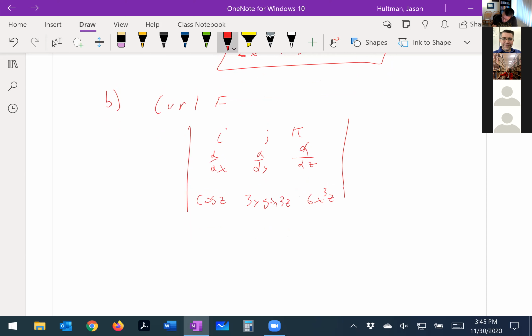Okay, cross off row and column. We're going to go d dy of 6x cubed z minus d dz of 3y sine 3z.